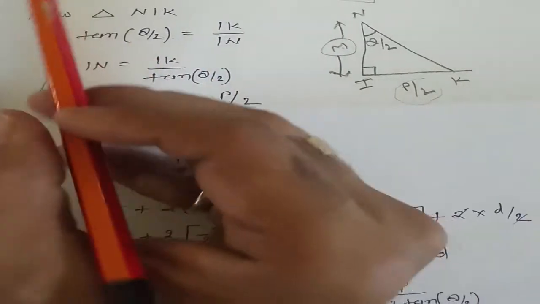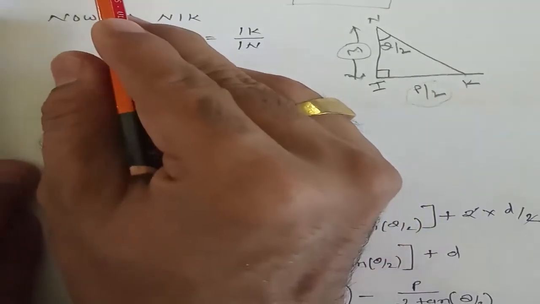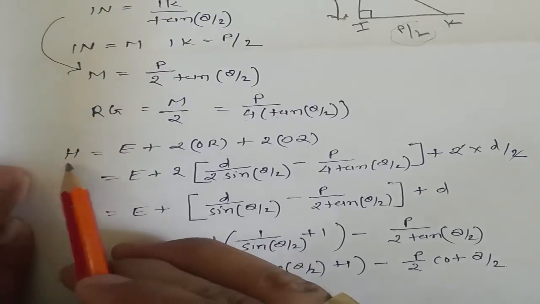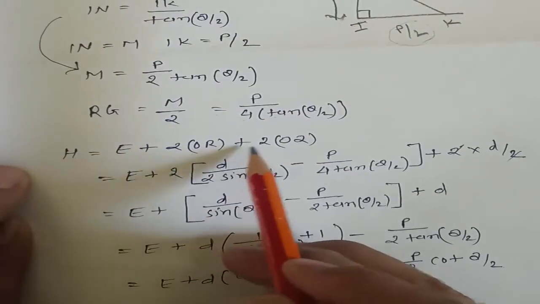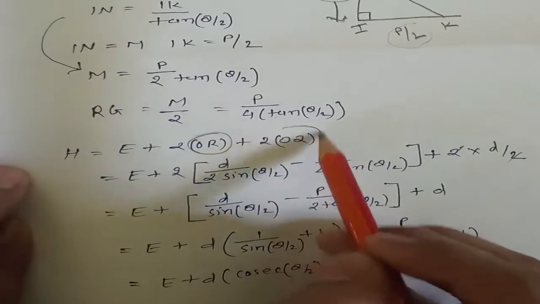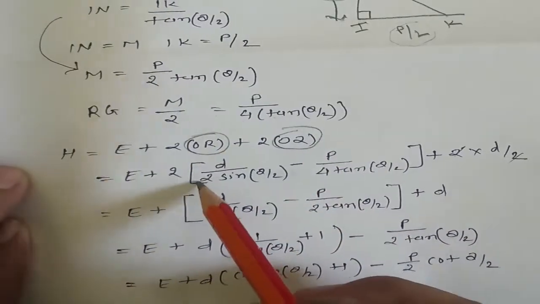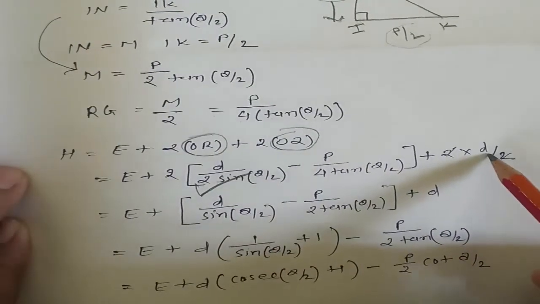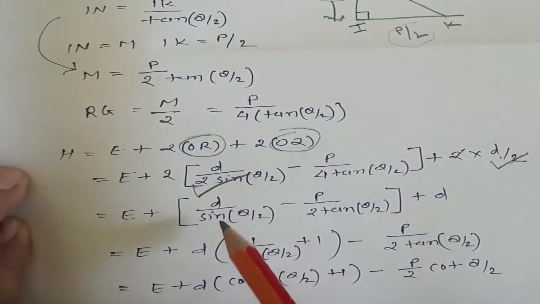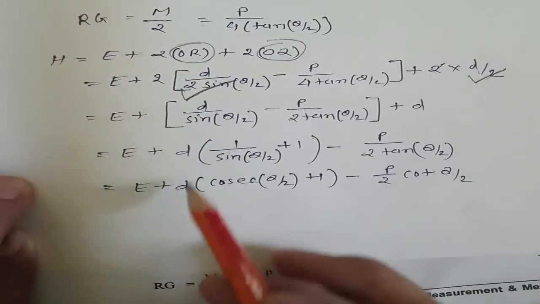And finally we have to find H, the diameter over the wire. H is equal to E plus 2 OR plus 2 OQ, so we put in the values of OR and OQ which we have found. It is a very simple calculation.